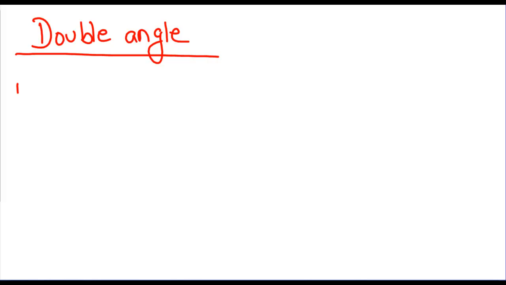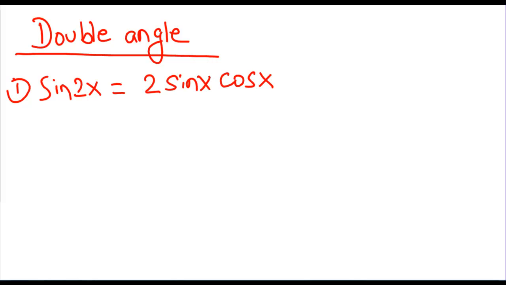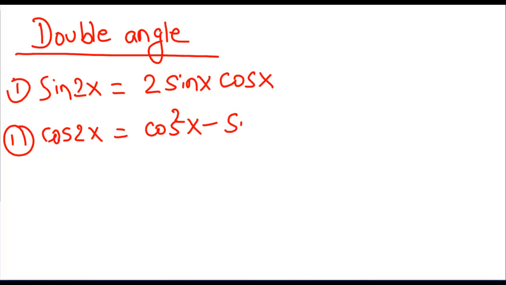The first one is the sine double angle, sine 2x, which is equal to 2 sine of x cosine of x. The second one is the cosine of double angle, which is equal to cosine square x minus the sine square x.